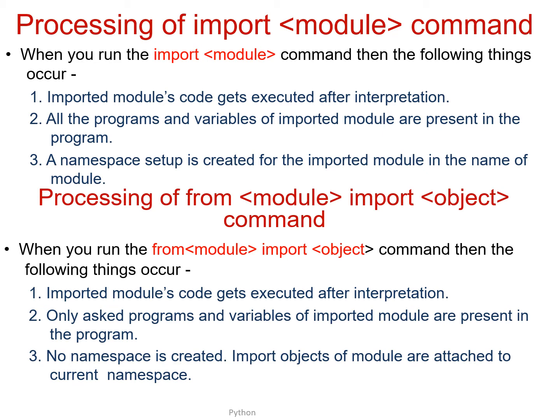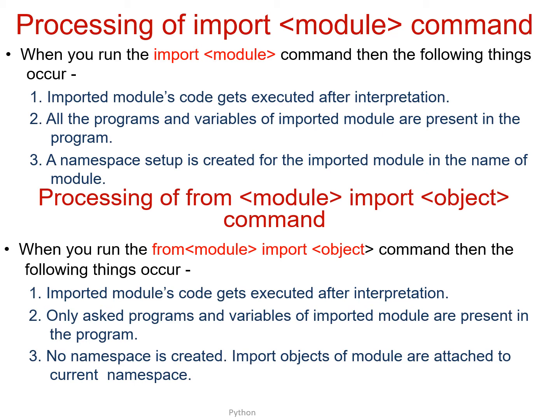But if we don't want all 10, if we want to include only one or two functionalities of that module, then we have to write from space module name, then import, then the object's name.